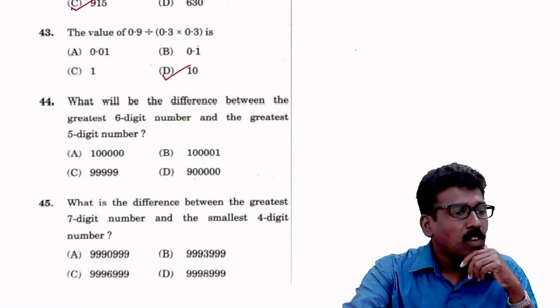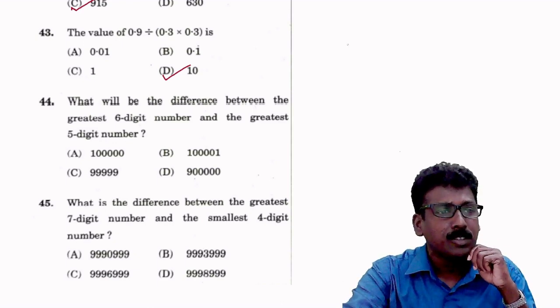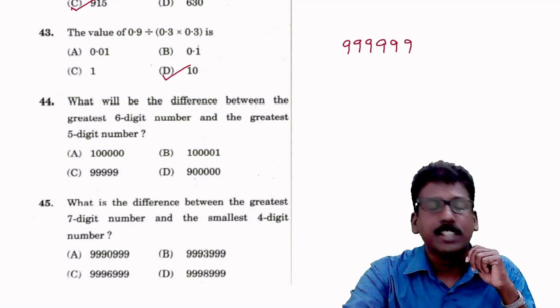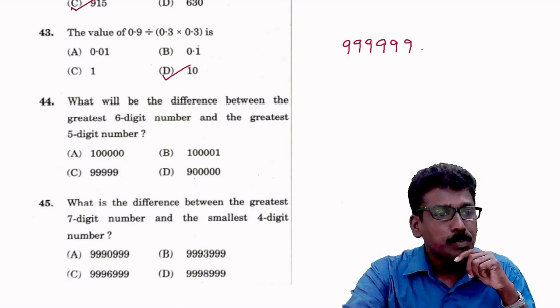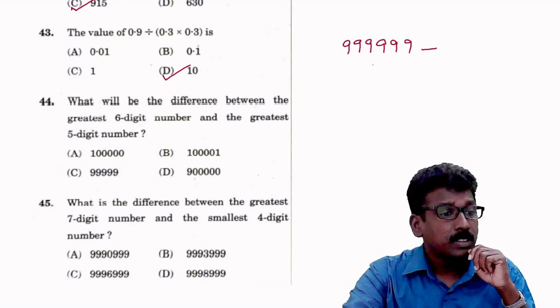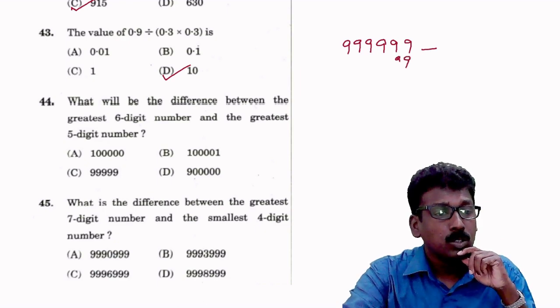Question number 44. What will be the difference between the greatest 6-digit number? Greatest 6-digit number means you have to write 9 six times. Difference means minus the greatest 5-digit number. So the greatest 5-digit number, you write 9 five times in this way.